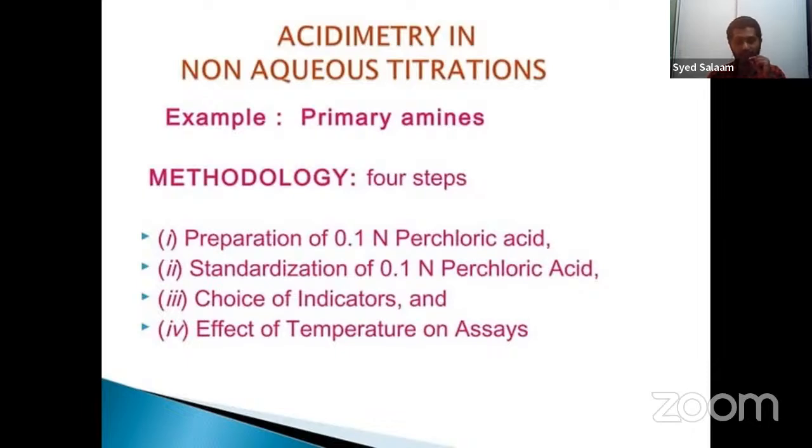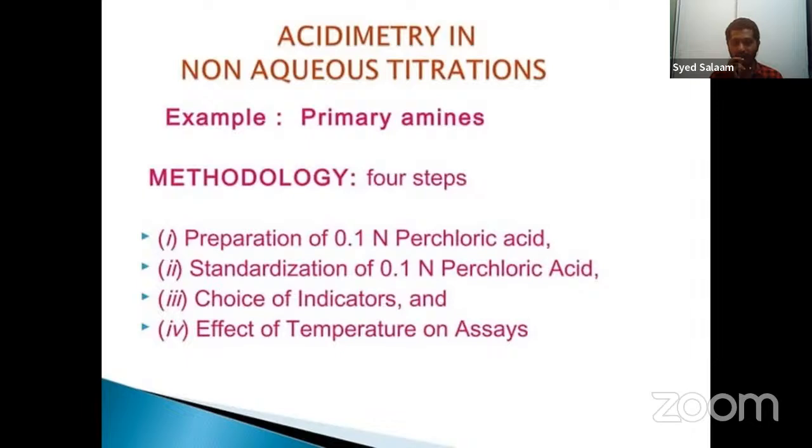As the methodology, we take primary amines. Primary amines can be standardized with the help of perchloric acid as a non-aqueous titrant. Whenever you use a titrant, you need to perform standardization on it first.